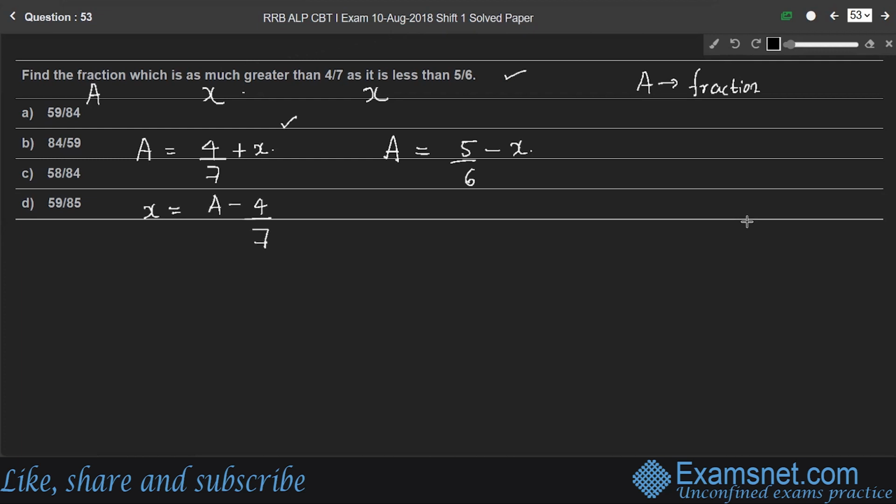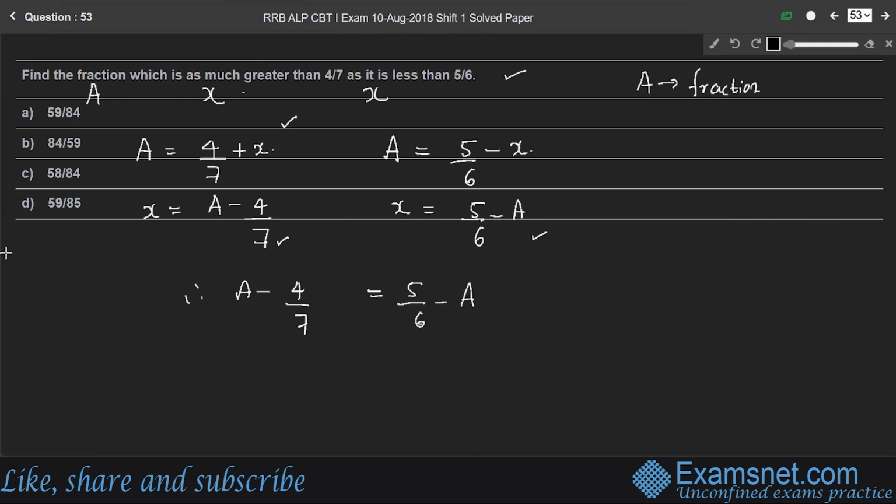And from the second, the same x can be written as 5 by 6 minus A. So we can equate these two right hand sides, since both are equal to x. Therefore, A minus 4 by 7 is equal to 5 by 6 minus A.